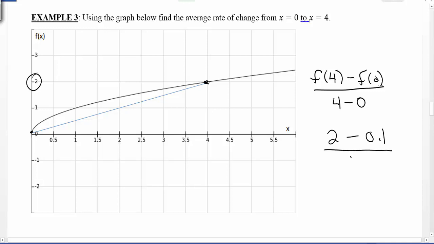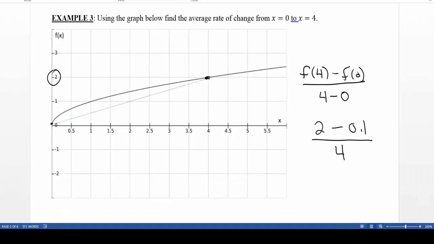And then on the bottom, we're dividing by 4. Crunching that number, 2 minus 0.1 divided by 4 is going to give us 0.475. What that tells me is that on average, this function is going to change by 0.475 in the dependent direction for every 1 unit I change in the independent direction.